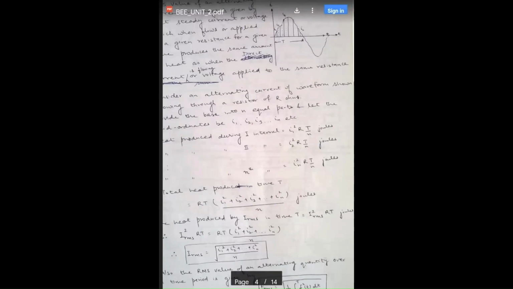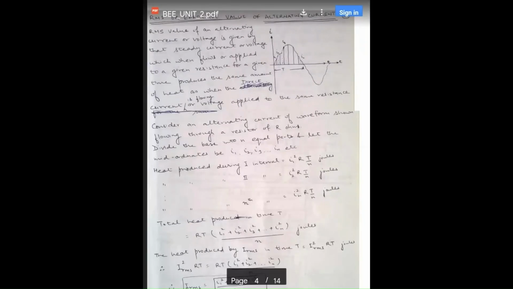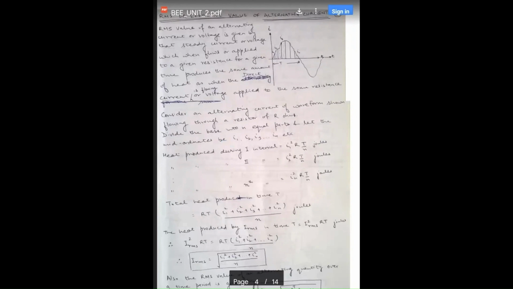But while calculating, what we do, we will square first, then take mean, then take root. So it is root mean square, but it follows the reverse trend.